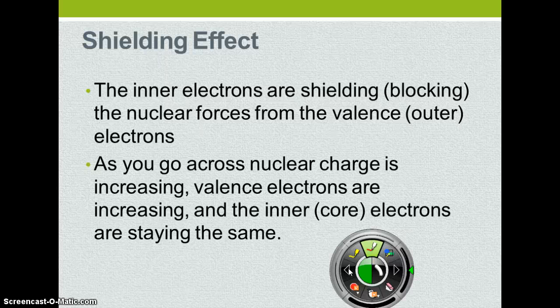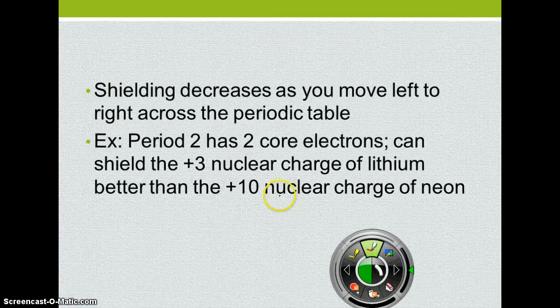So it's going to be like a shield in between. As you go across, your nuclear charge is increasing, your valence electrons are increasing, and those inner electrons are staying the same. So as you're moving across, your shielding effect is going to decrease as you move left to right across the periodic table.